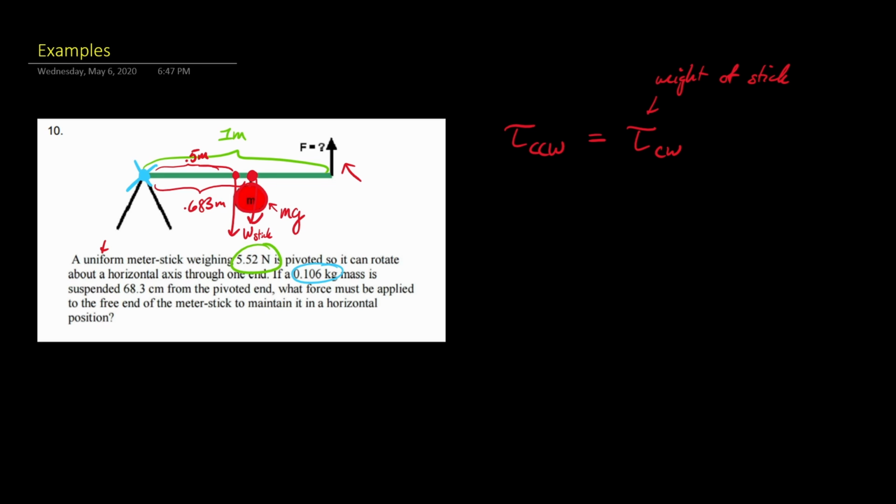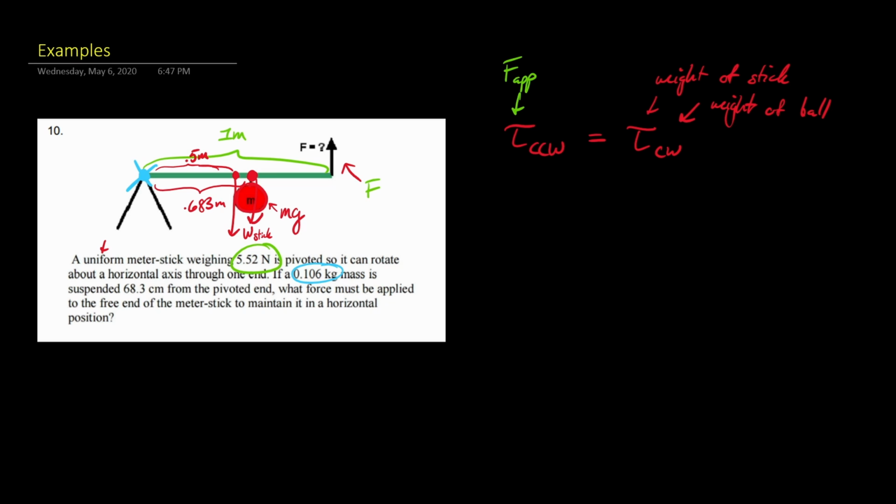The weight of the ball goes under a clockwise torque. And then finally, we have this guy over here, which is of unknown size F. We're trying to find it, and he acts at 1 meter away from the pivot point. I'm going to call this F-app, this external applied force.